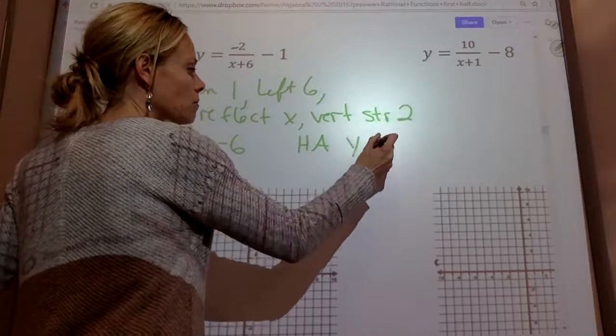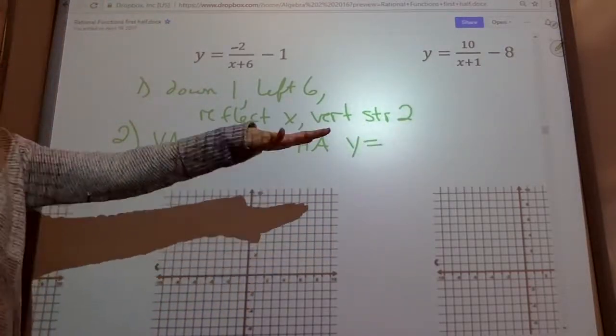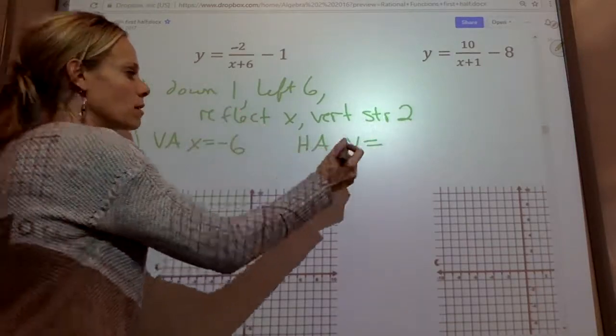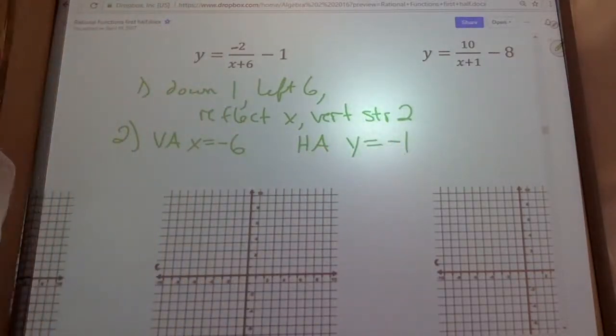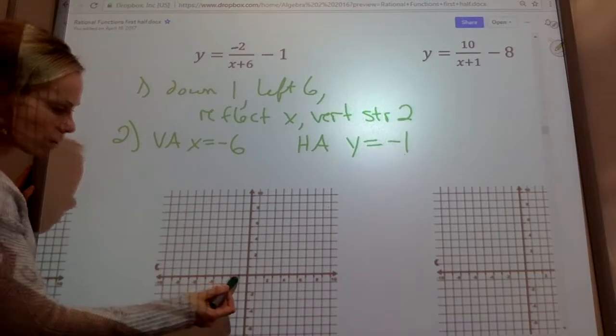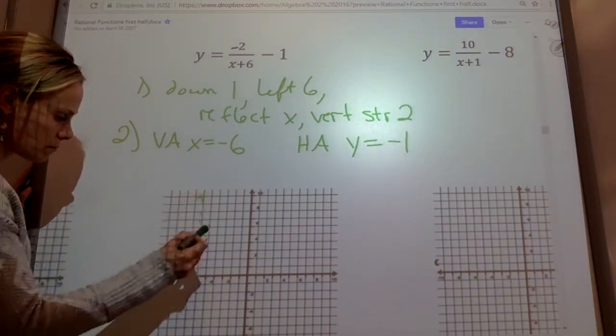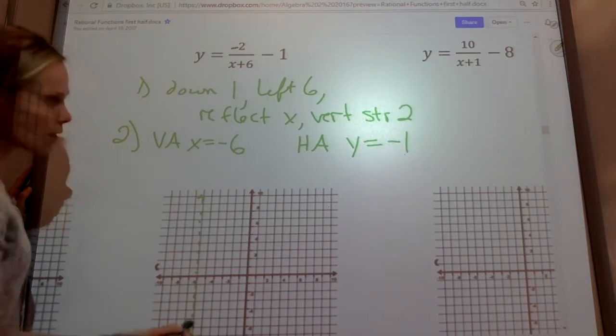Horizontal asymptote changes when I move up and down. So since I moved down 1, it's going to be -1. So I can sketch those in. 1, 2, 3, 4, 5, 6. And -1.